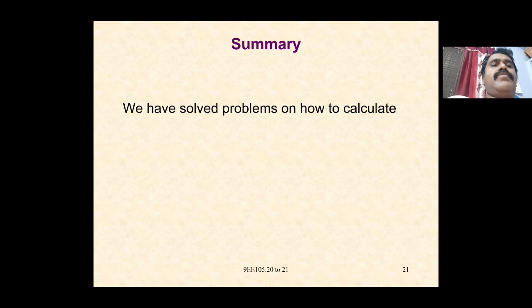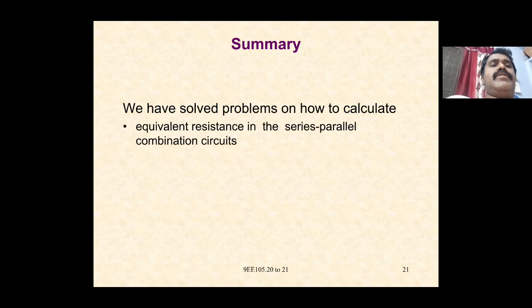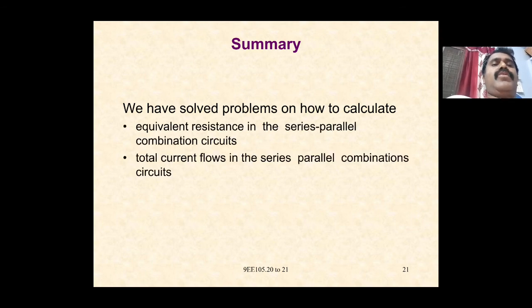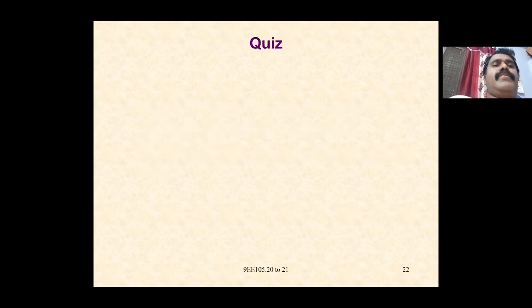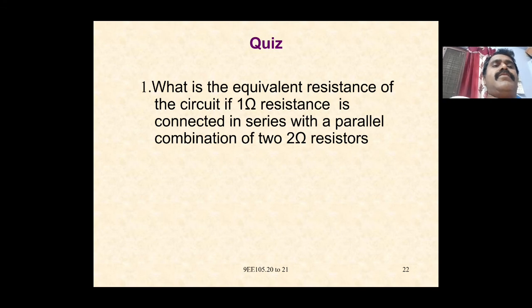So we have solved problems on how to calculate the equivalent resistance in series and parallel combination circuits, and the total current flowing in series-parallel combination circuits. What is the equivalent resistance of the circuit if a 1 ohm resistance is connected in series with the parallel combination of two 2 ohm resistors?